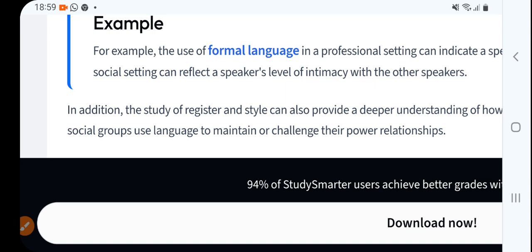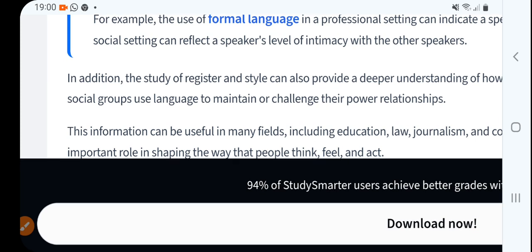Suppose two persons are meeting and they are abusing one another, but that's friendship, actually intimacy. So you come to know how intimate they are with one another. Their casual language shows how intimate they are.